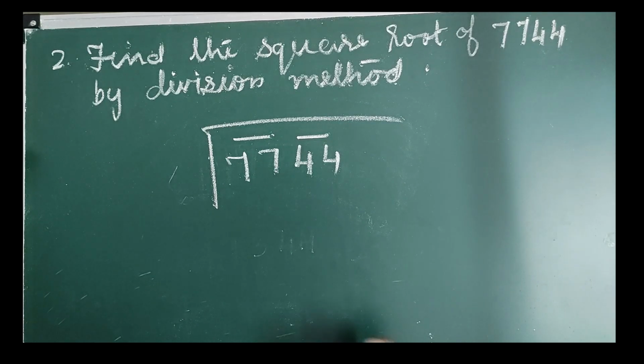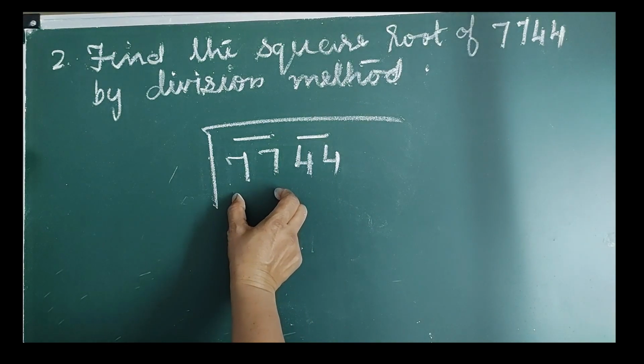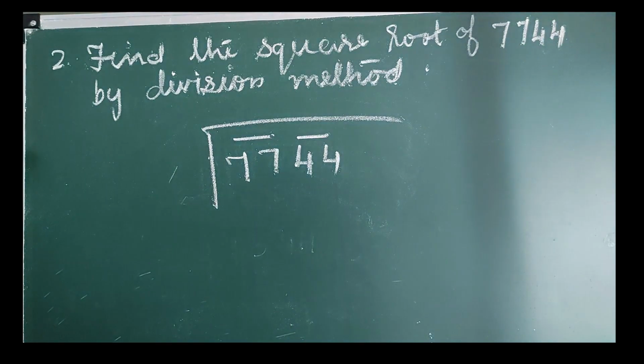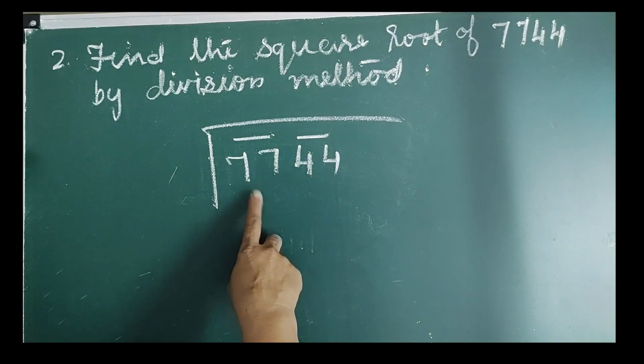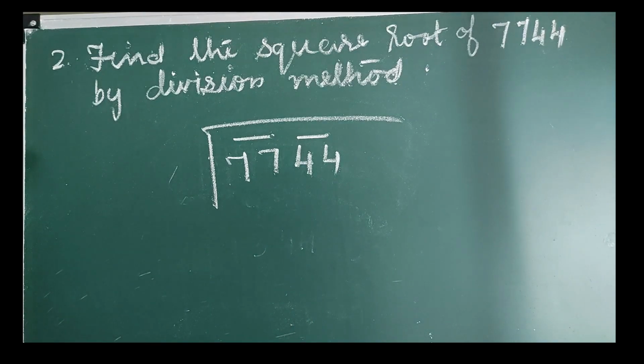Now take the extreme left pair, that is 77. Then find the largest number whose square is less than or equal to the number under the extreme left bar.